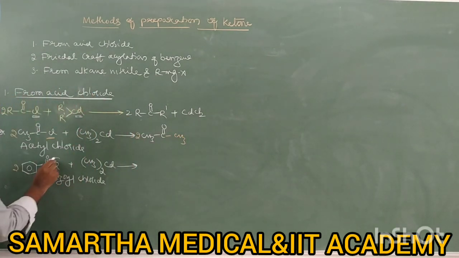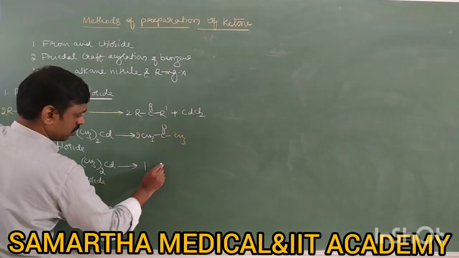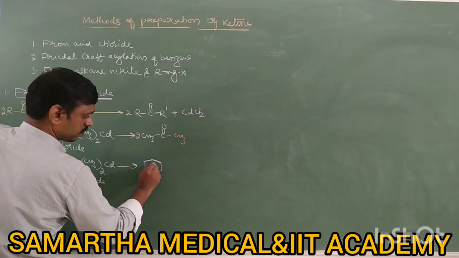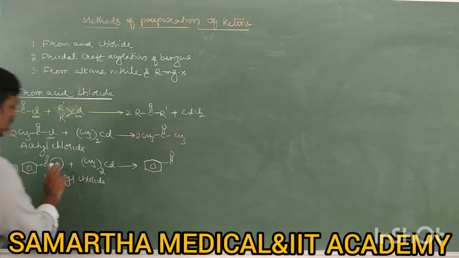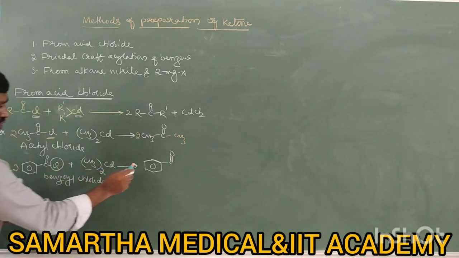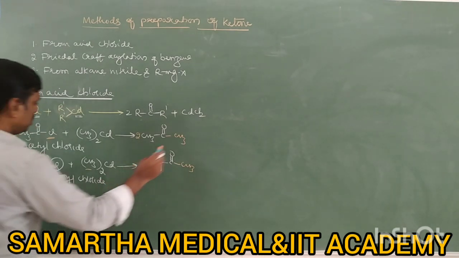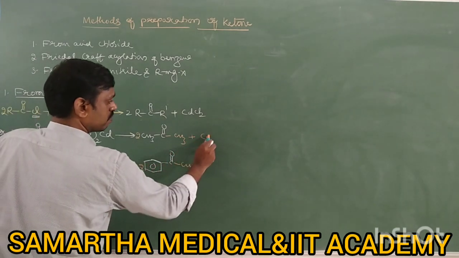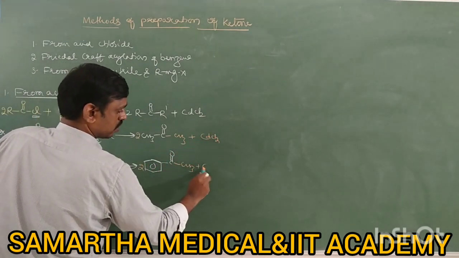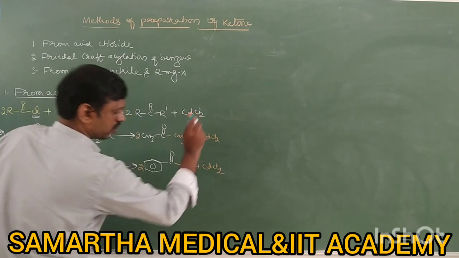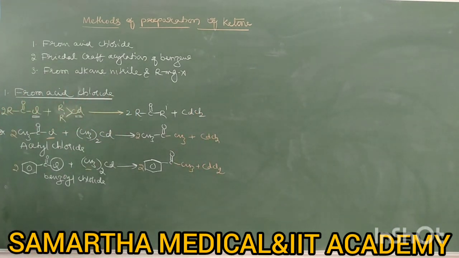Similarly here also, the chlorine is replaced by methyl, giving the corresponding methyl ketone, plus cadmium chloride. Cadmium chloride is the byproduct. So this is from acid chlorides. Therefore, acid chlorides react with dialkyl cadmium to form ketones.